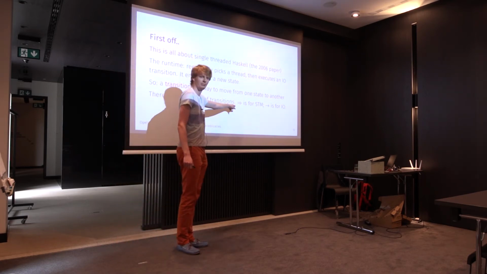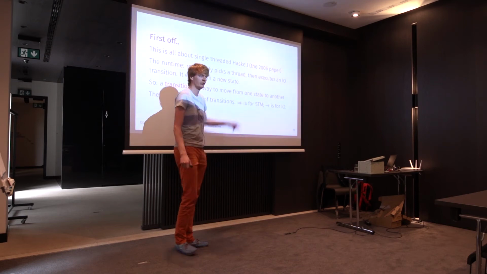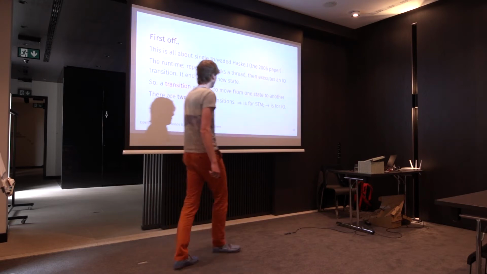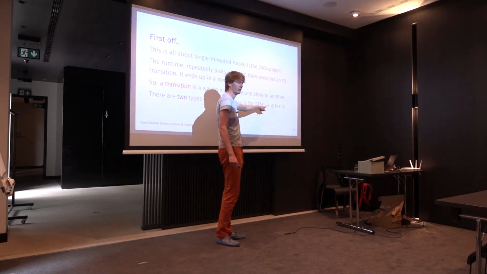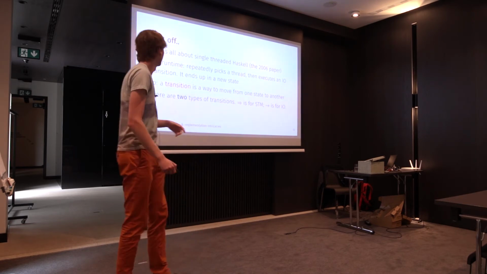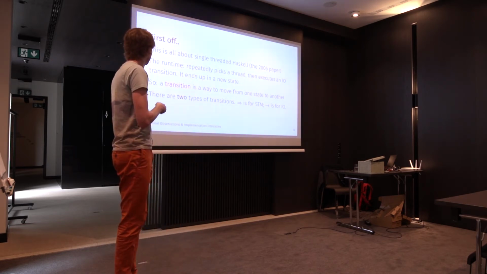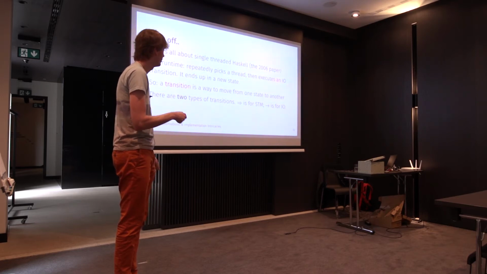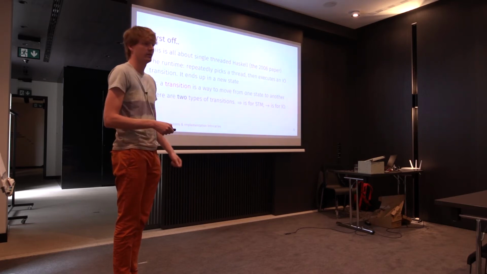This arrow means an STM transition, so a transition in the STM monad. This one means an I/O transition, so a transition in the I/O monad. And if you read carefully right here, the runtime picks a thread, executes an I/O transition.